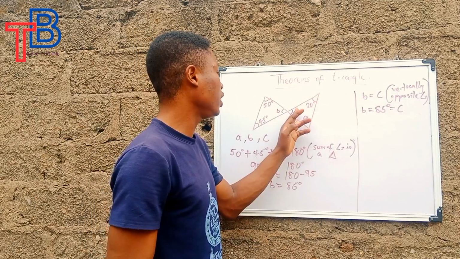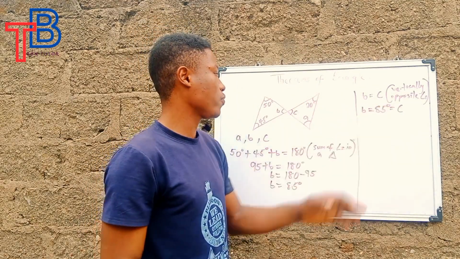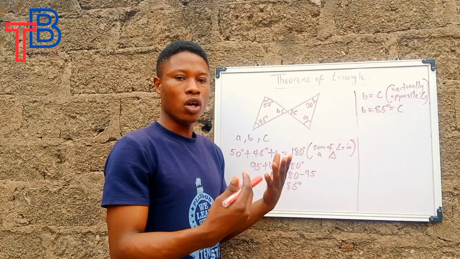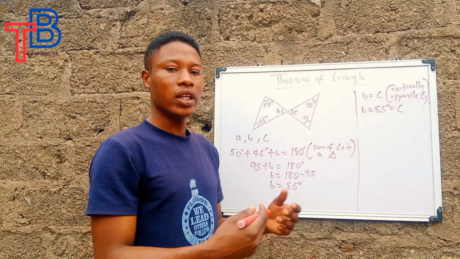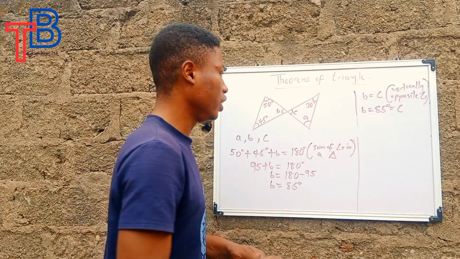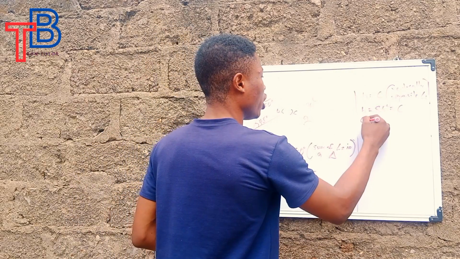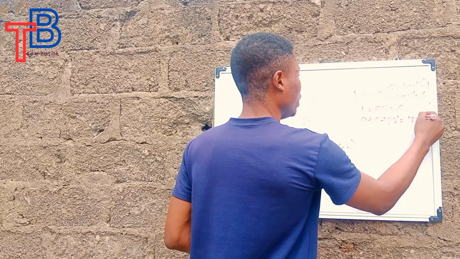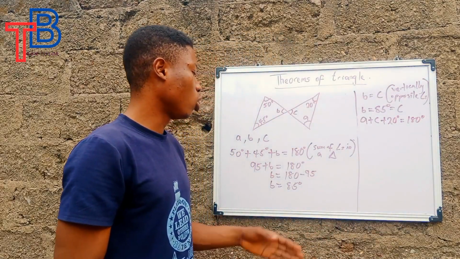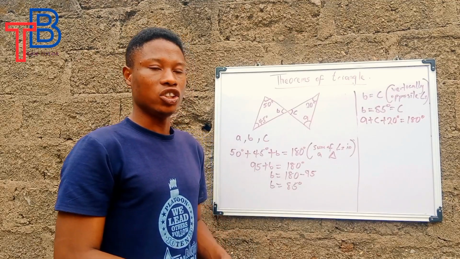Now you can see that since your c is 85, you can easily know the value of your a by also following the theorem, sum of angles in a triangle is 180, which means your a plus c plus 20 degrees equals 180 degrees. That is the sum of angles in a triangle.